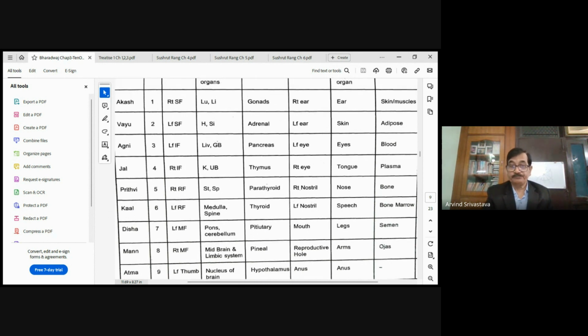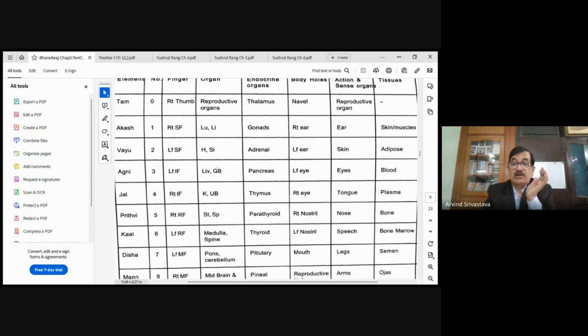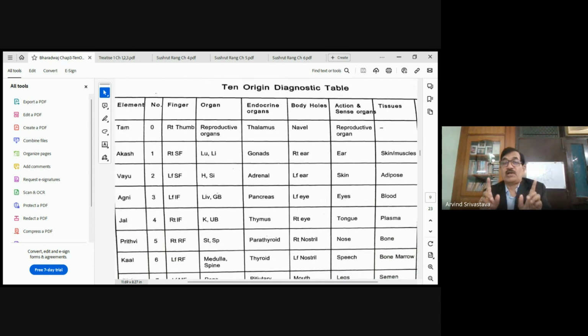Now come to this system of it. We have to plot the endocrine system, body holes, action and sense organs, and tissues. All are plotted on the middle joint, that is the pith joint, of all fingers. Pith joint. Now just start from the endocrine system. There are two systems in the body.